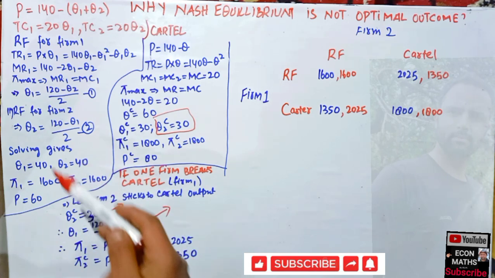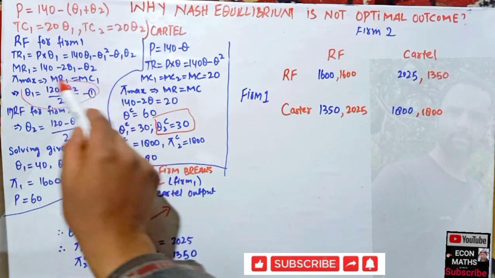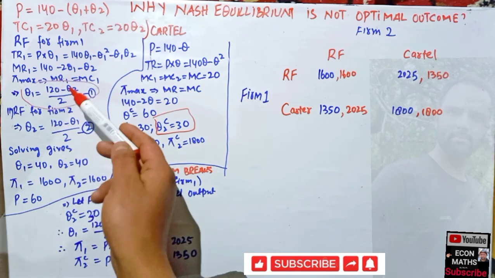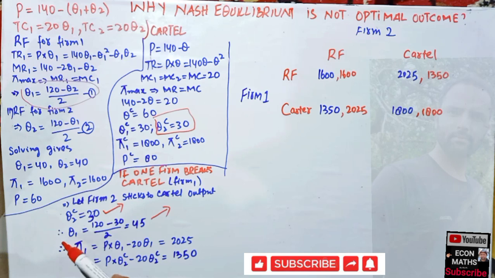Firm 1's reaction function was this function. When we substitute this 30 in the equation, we get that firm 1 will produce 45 units. Profit for firm 1 will be 2025 when he is producing according to the reaction function, and profit for firm 2 will be 1350 when he sticks to the cartel agreement.